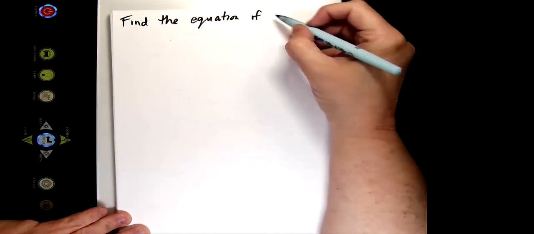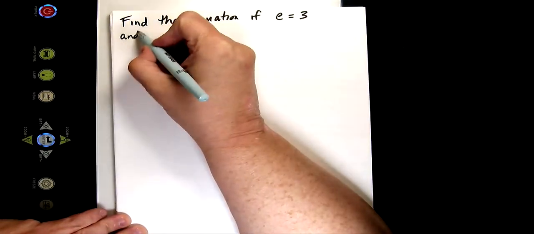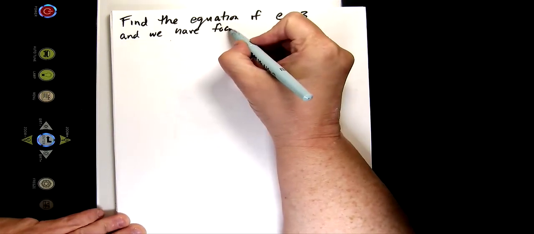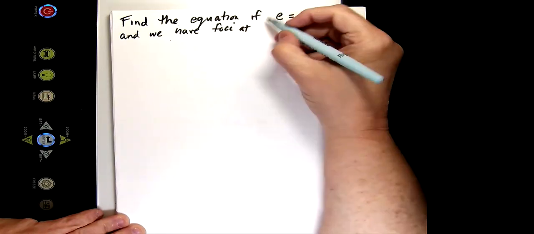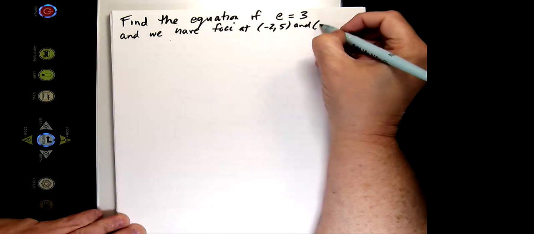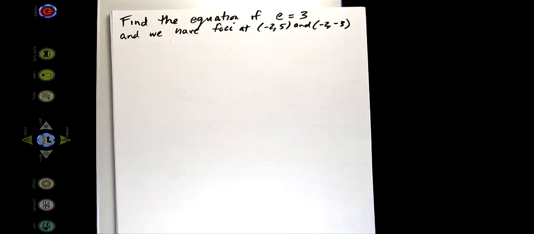If E equals 3 and we have foci at -2, 5 and -2, -3. So once you write that down, I'll give you a nice little strategy to follow with this.